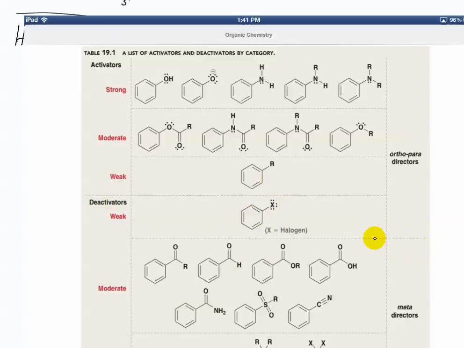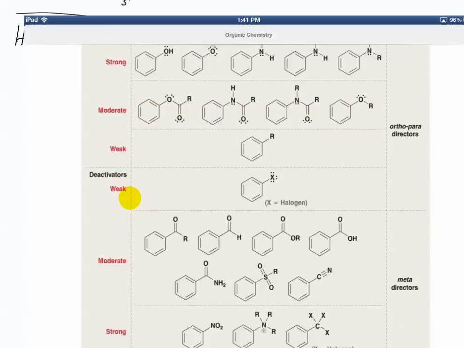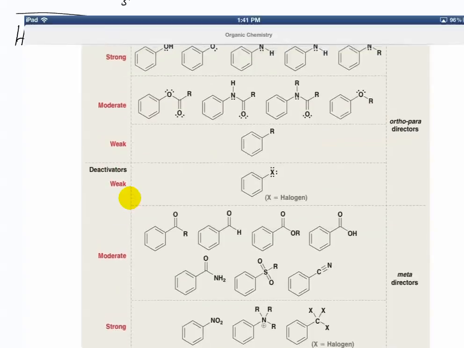So you'll notice the line separating ortho-para from meta directors is under the halogens. The line separating the activators from deactivators is above the halogens. And then we talked about these more strongly deactivating things as well. All right.